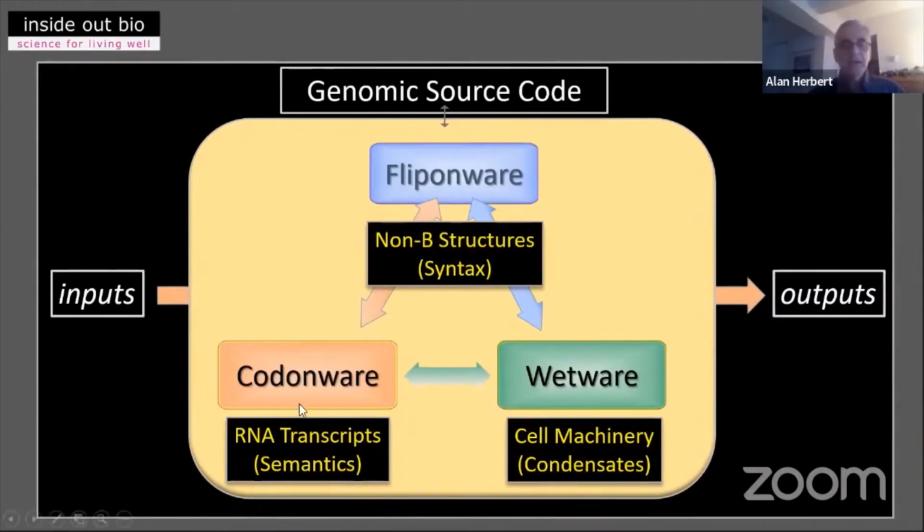So, what I just talked about was all the codons that encode proteins, and that gets translated in the ribosomes in the cell to produce machines that constitute the wetware of the cell. What we're going to be talking about is something called Flipons, which is really a way of compiling codons to make different proteins to produce different outcomes.